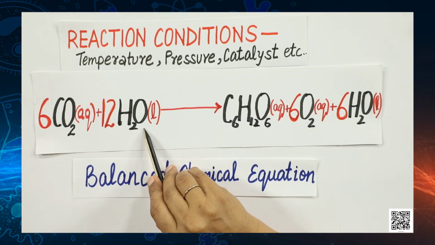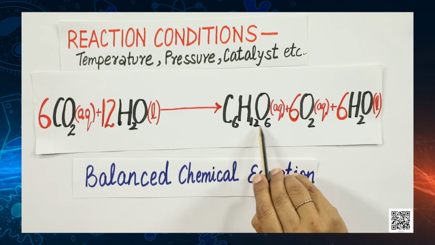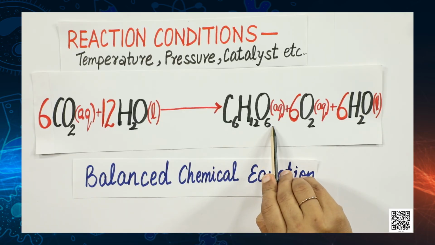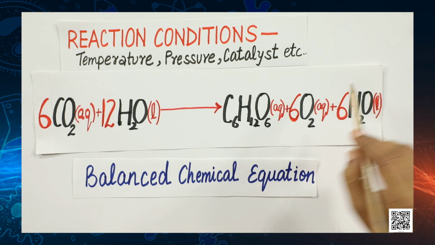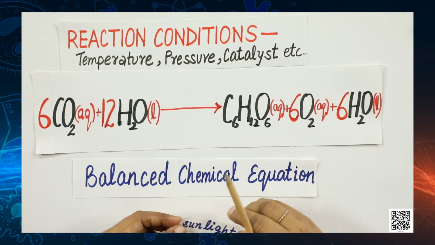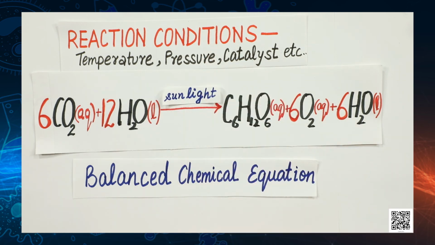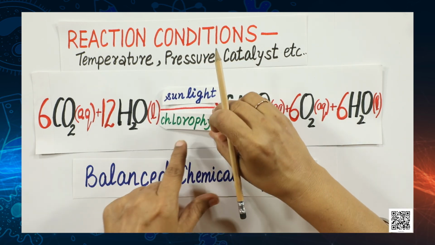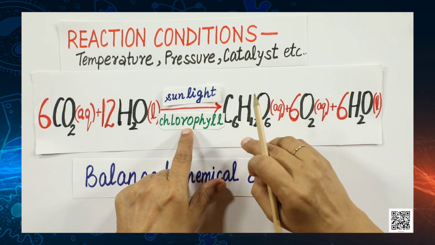Here I have got it for you, because I need to tell you where exactly you will place the reaction conditions. So, here we have the equation in front of you. 6 CO2 combines with 12 H2O to form glucose, that is C6H12O6, 6 oxygen molecules and 6 water molecules. And the reaction conditions? Yes, the sunlight and chlorophyll. This you can place above and below the arrow.